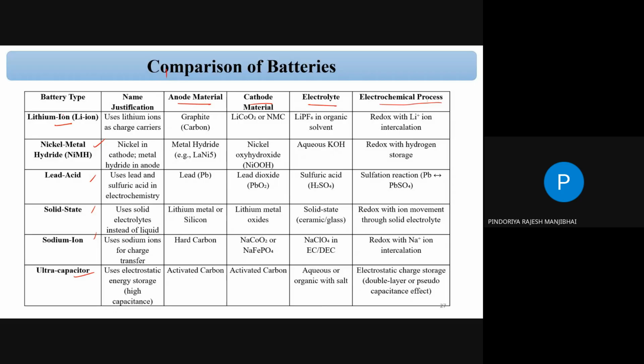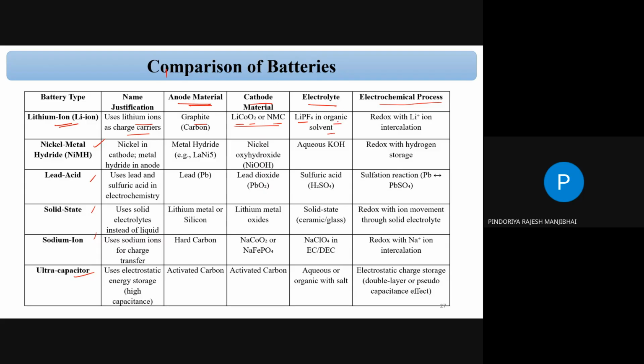Suppose lithium ion battery uses lithium ions as charge carriers. Anode material is generally graphite. Cathode material is LiCoO2, otherwise NMC. This is the chemical component. Which type of electrolyte is used? There is LiPF6 in an organic solvent.